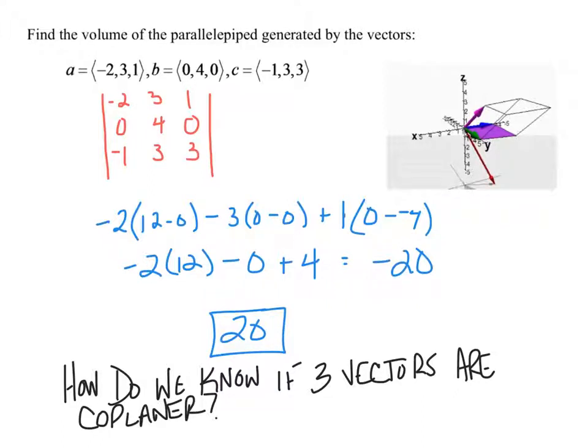And the answer is if what we just did gives an answer of 0. If 3 vectors generate a parallelepiped with a volume of 0, that means there really was no height. So the vectors must all be in the same plane together, and they didn't really generate a parallelepiped at all. So that will come up, how we know the 3 vectors are coplanar. This is a nice way to check.